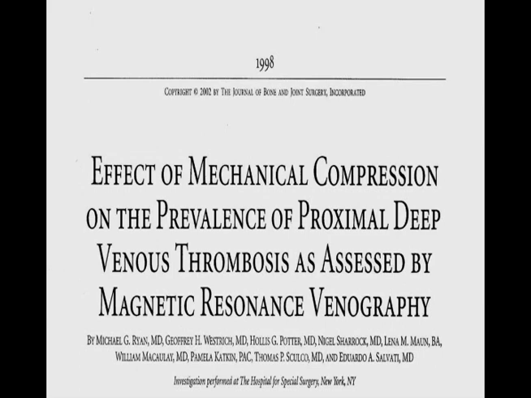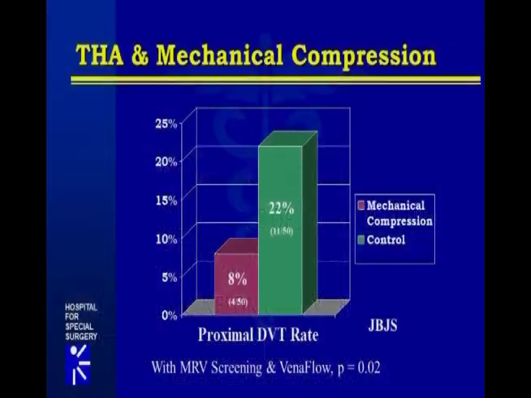What we found was the VenaFlow mechanical compression device lowered the incidence of proximal thrombosis, again found by magnetic resonance venography, from 22% in the control group to only 8% with the VenaFlow device, a substantial reduction in incidence of deep venous thrombosis. And this was a study that we published in the Journal of Bone and Joint Surgery.